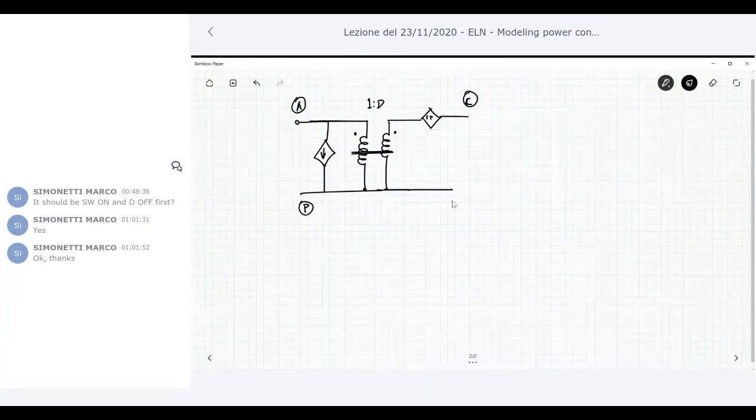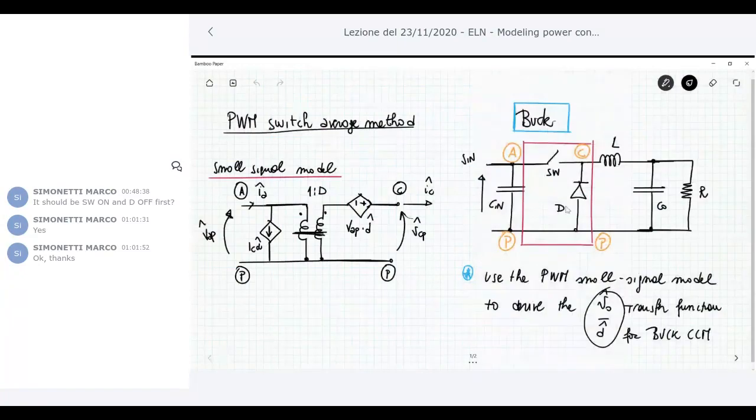For the buck it is particularly simple because the nodes are in the same orientation and direction as the model. So at the common node we have the inductance, and so we can draw here the inductance.